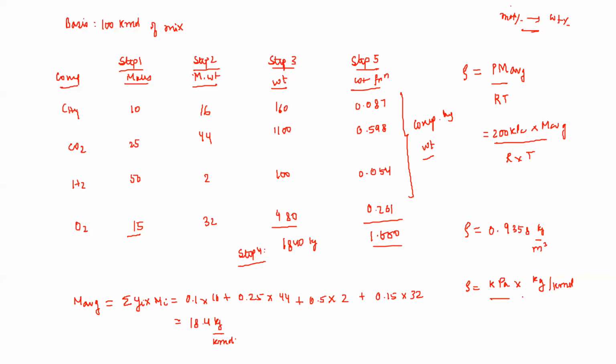Then you have R in kilojoule per kilomole Kelvin. And as we discussed, kilojoule can be written as kilopascal meter cube per kilomole Kelvin. Temperature is in Kelvin. So Kelvin, Kelvin, kilomole, kilomole, kilopascal, kilopascal cancel. Hence, the unit of density is kg per meter cube. That's all.